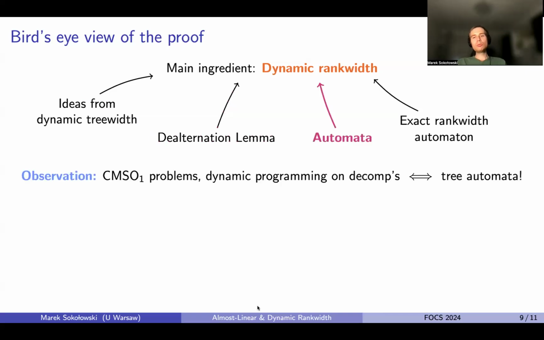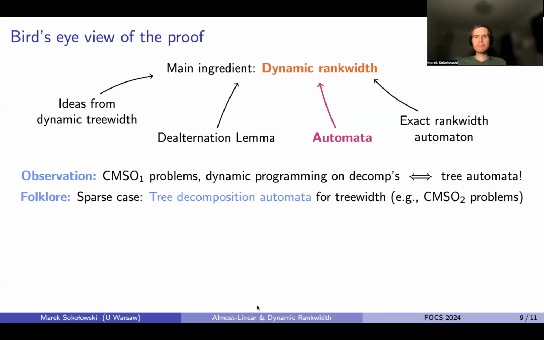Okay, let's now move on to automata. So the interesting thing here for tree decomposable classes of graphs is that whenever I want to solve some problem, say a CMSO1 problem, or want to do some dynamic programming on some kind of tree decomposition of a graph, it can usually be stated as a tree automaton, where tree automaton is a notion from automata theory.